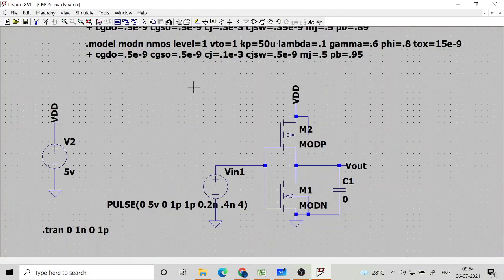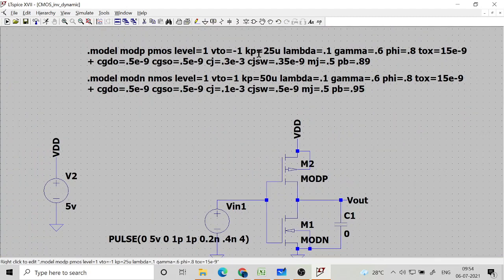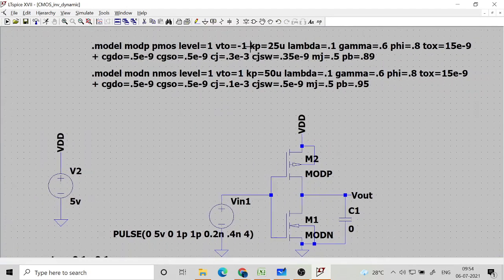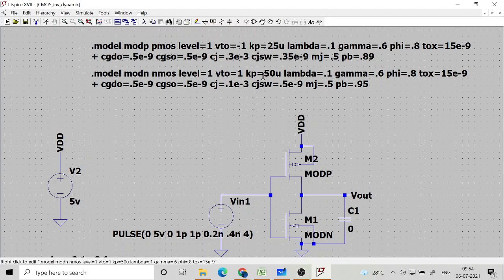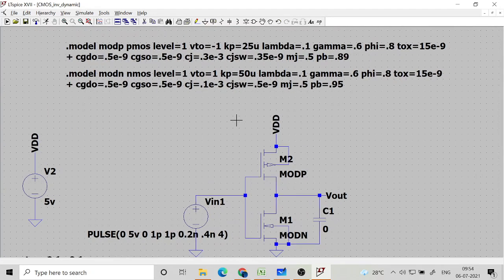The reason is that in the process parameters, Kp is given as 25 mu for PMOS, and Kn is given as 50 mu for the NMOS, and that is a very practical value. One will be double the other. That means NMOS will have higher mobility.